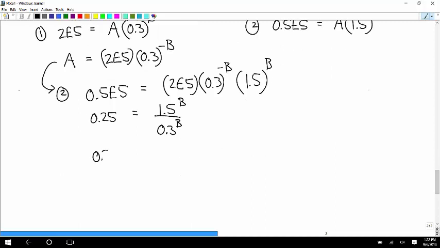And so 0.25 is equal to 5 to the b. So natural log of 0.25 is equal to b times the natural log of 5.